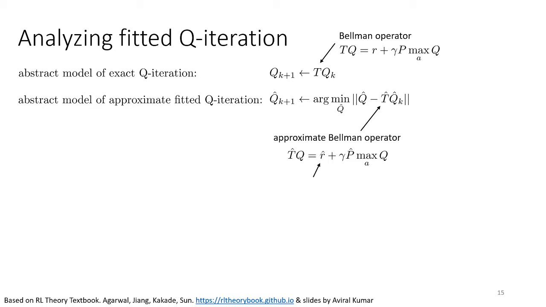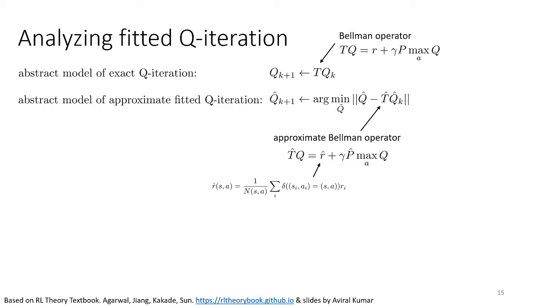So the approximate Bellman operator, T hat Q, is going to be equal to R hat plus gamma P hat. Let's unpack this a little bit. R hat is, in this case, for the purpose of this analysis, just the reward averaged over all the times when we've seen the state-action tuple SA.